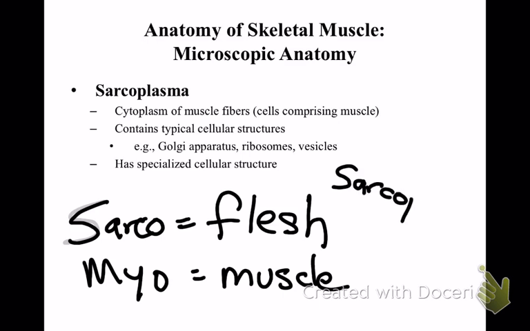What is a sarcophagus? They found King Tut's sarcophagus. It's something you put the coffin in, actually. It's usually an ornate cover for the coffin itself. But a sarcophagus is what you inter a dead body into. Are you with me on that? So why is it called a sarcophagus?